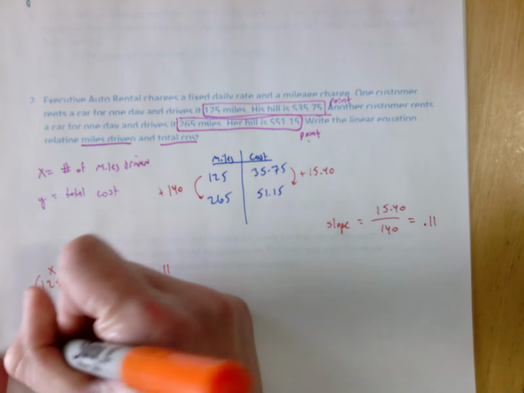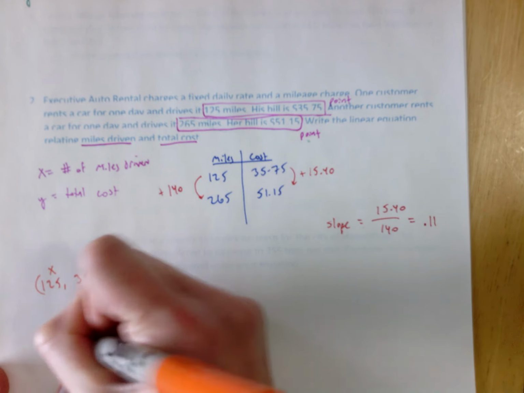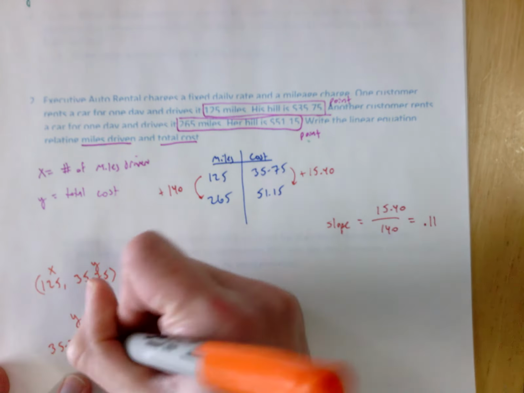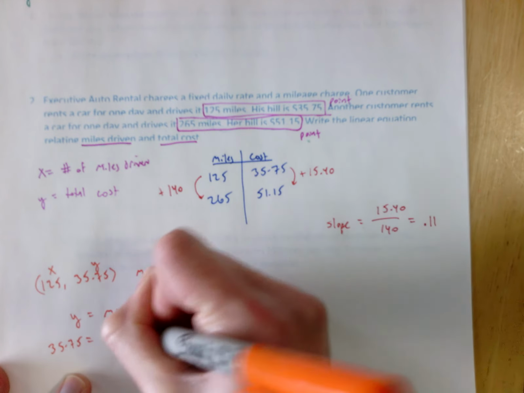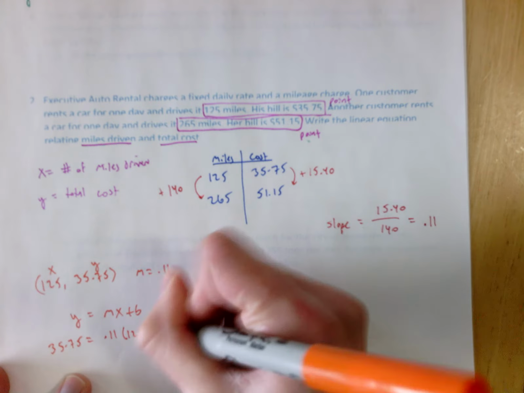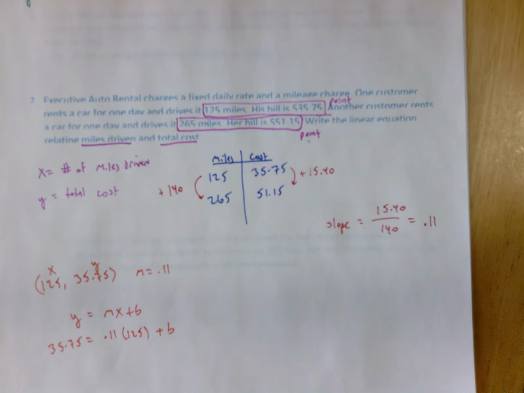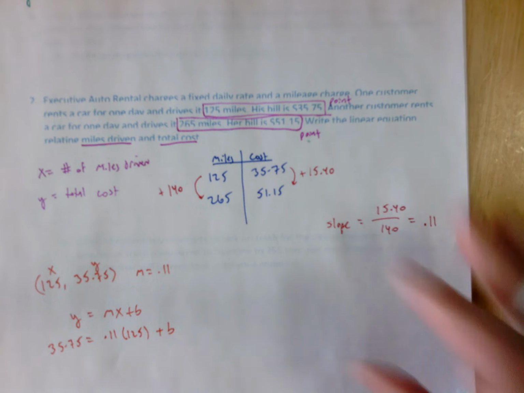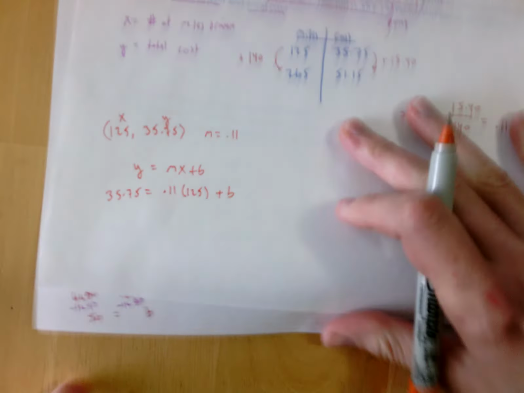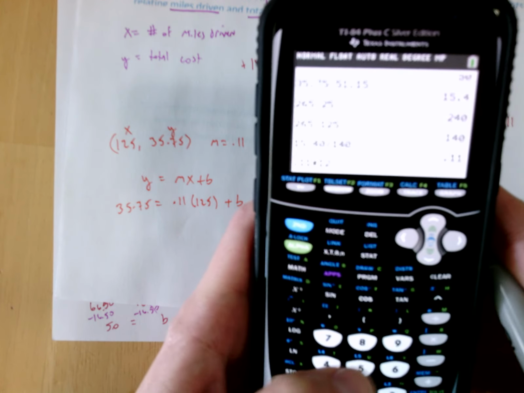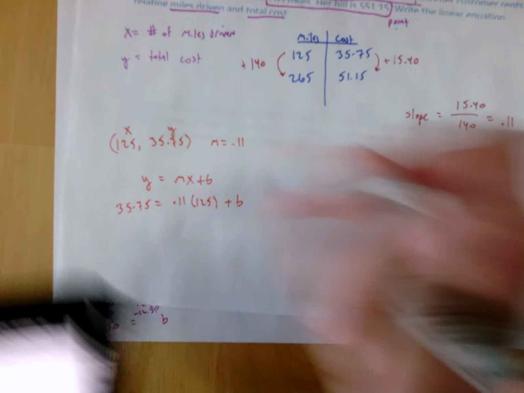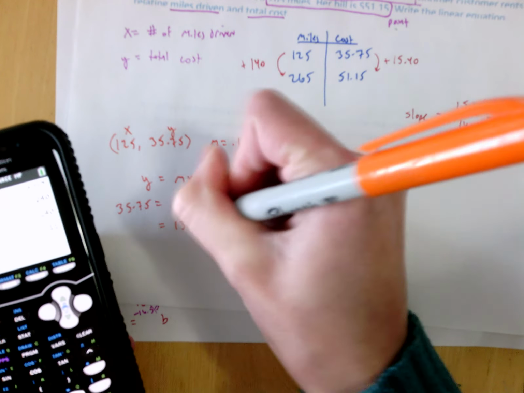So my y value is 35.75. My M value, 11 cents. X is 125. And then plus b, that's the thing that I don't know yet. All right, so to my handy dandy calculator, I'm going to multiply 11 cents times 125. We got 13.75. I know that's a decimal, but that's okay, right?